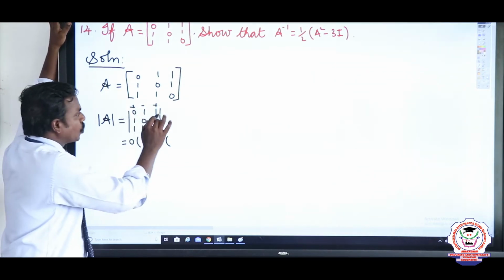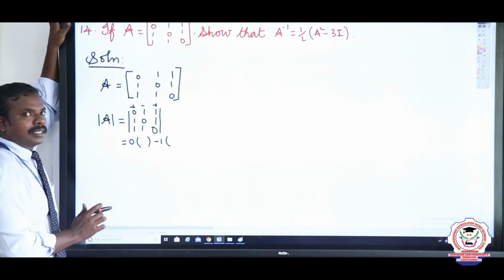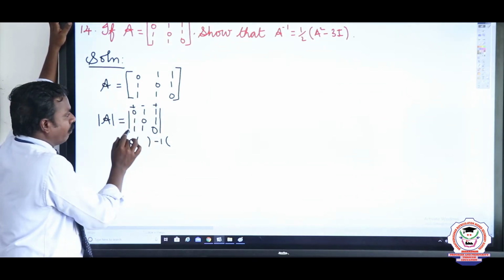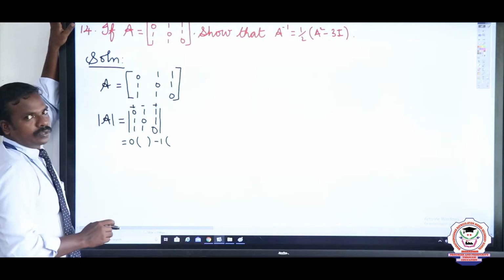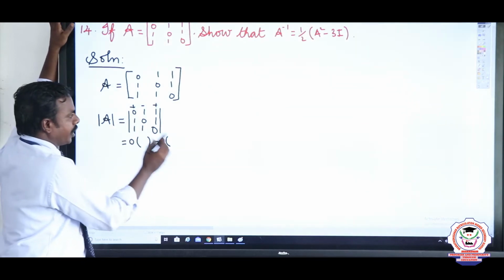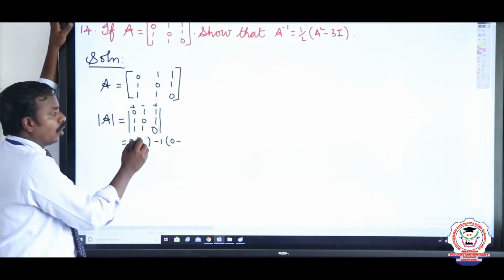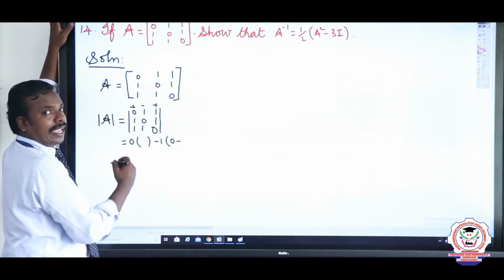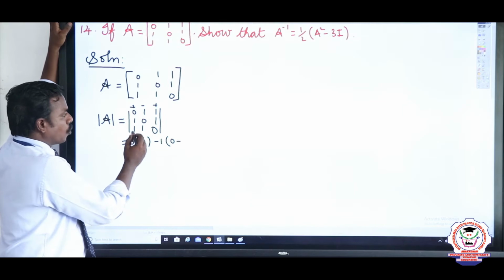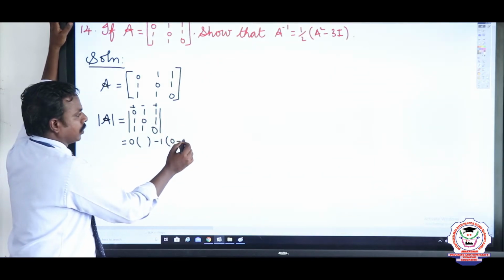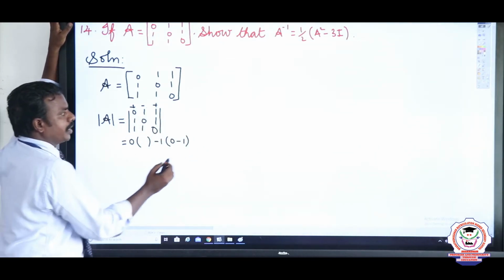For this number, we need to omit the first row and second column completely. What are the remaining elements? 1, 1, 1, 0. So determine these values. 1 into 0 is 0. Minus, while taking the other diagonal product, we should keep minus. So 1 into 1 is 1. Next, the last element, plus 1, is there.